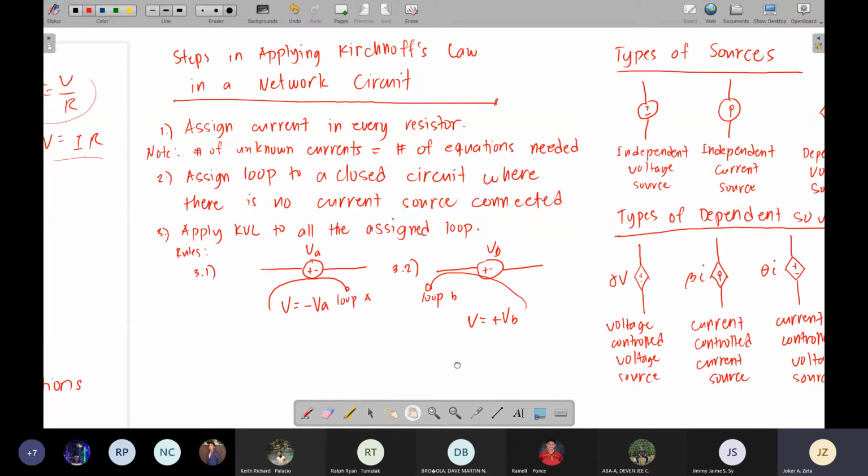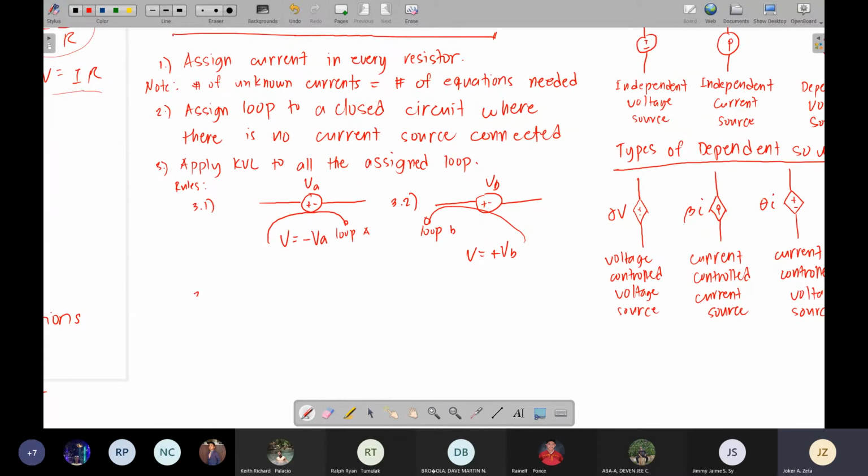Then another rule, rule 3.3. Let's say, for example, I have a resistor. Take note, a resistor has a current I, but it also has a voltage. So it is not only the voltage source that has voltage. Recall that in KVL, the summation of all voltages is equal to 0.